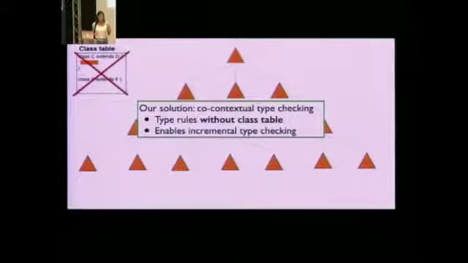So let me first give a brief overview of how co-contextual type checking works. Again, we consider the syntax tree, and now this is a bottom-up technique of type checking, where type checking starts from the leaves of the tree. Instead of looking up the information in the class table, we introduce so-called class table requirements.